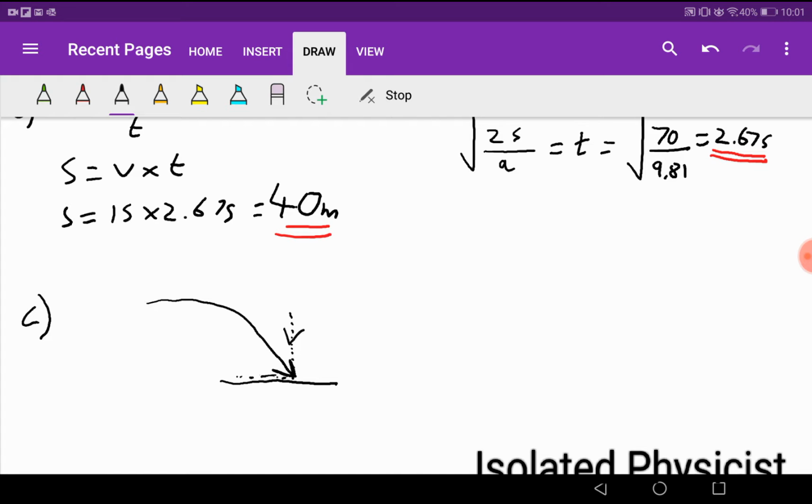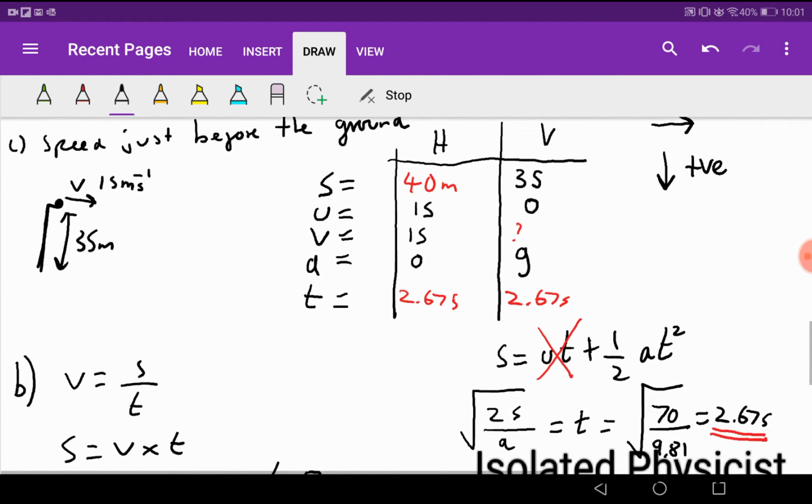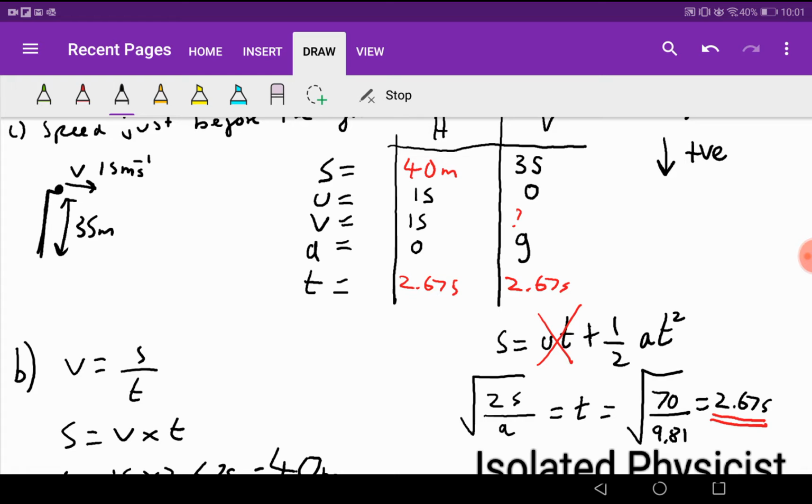So we're going to have the vertical speed and the horizontal speed. Well, we know the horizontal final speed is just 15. We need to figure out what the vertical final speed is.